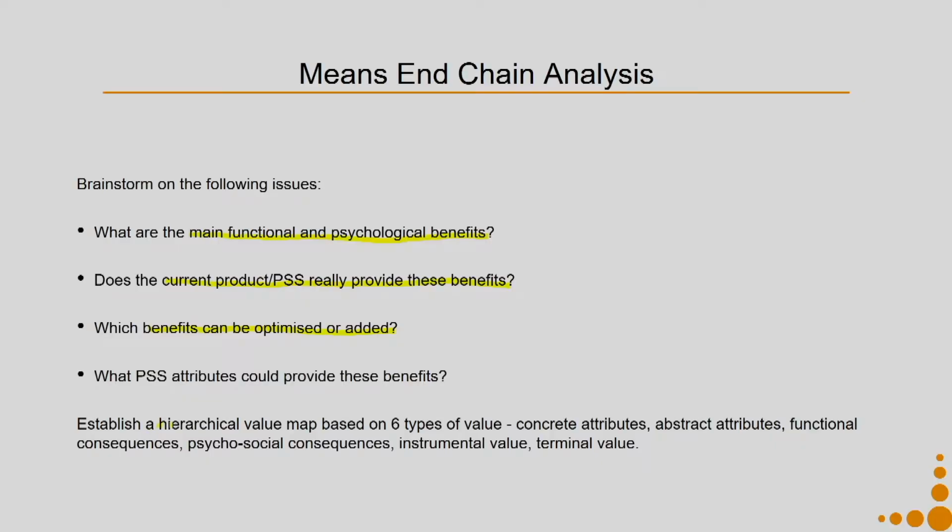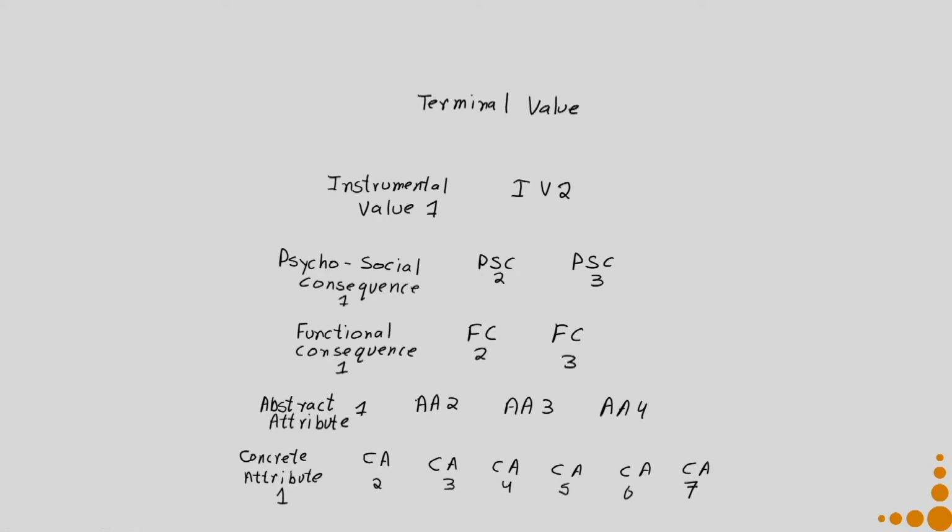So how do we do this particular analysis? Establish a hierarchical value map based on 6 types of values. These 6 types of values are concrete attributes, abstract attributes, functional consequences, psychosocial consequences, instrumental value, and terminal value. Let's try to understand what these are.